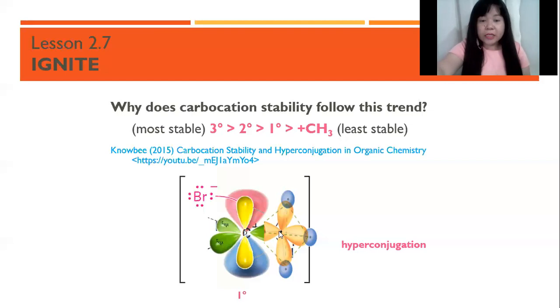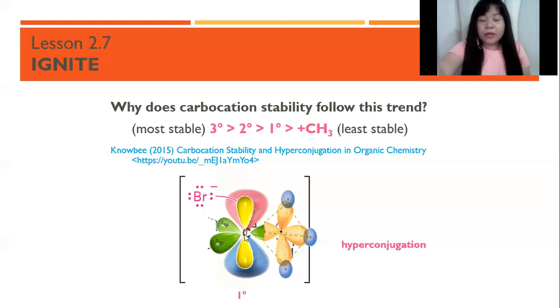Now just imagine if these two other sp2 hybridized orbitals are also bound to other carbons, which would probably also contain sp3 or other hybridized orbitals, which may also form sideways overlap with the empty p orbital here.